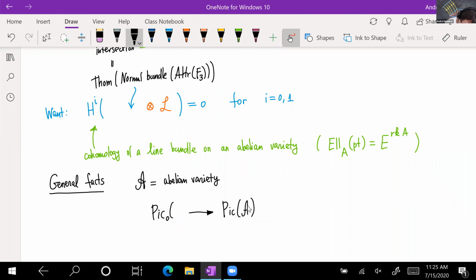So Pic^0 of A. Those are one way to define them, those are algebraically equivalent to 0. They have degree 0. So this embeds here, and the quotient is called the Néron-Severi group. This is a discrete group.